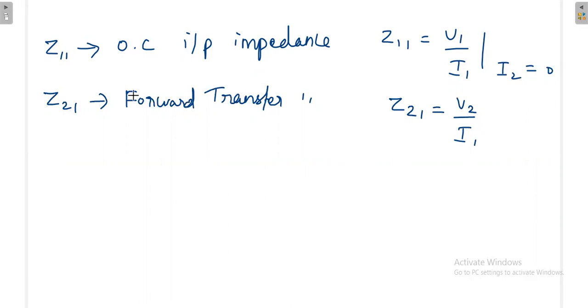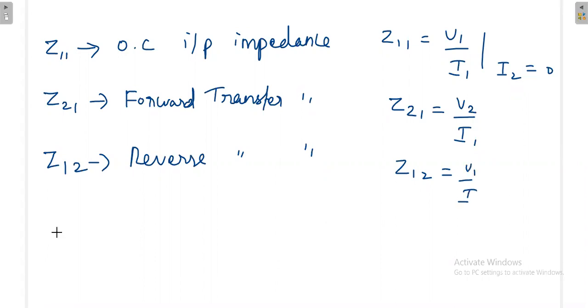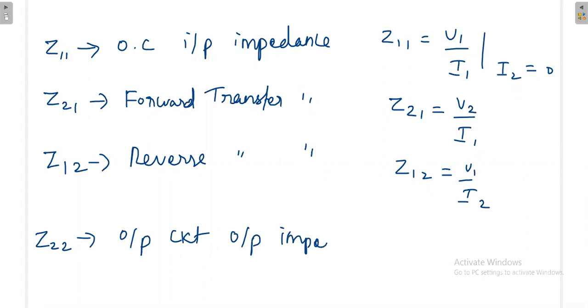And Z12 is the reverse transfer impedance, Z12 is equal to V1 by I2. Z22 is the open circuit output impedance, because Z22 is equal to V2 by I2, with I1 as 0. So this is all about the Z parameters.